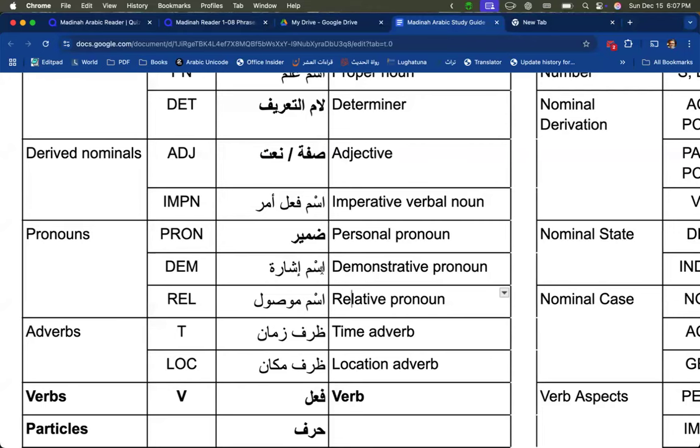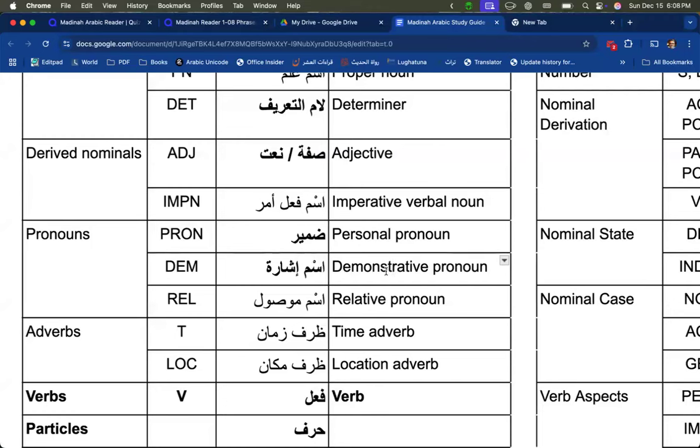So ismul ishara, I should say, or ism ishara is fine too. What is ism ishara? Demonstrative pronoun. Can you guess? هذا هذه ذلك تلك, they're called demonstratives.